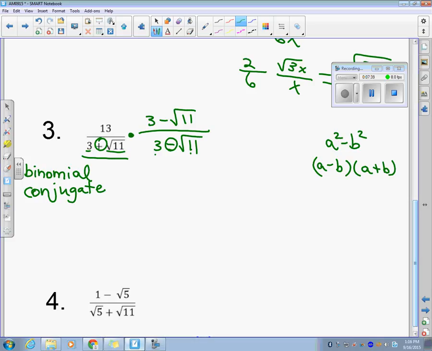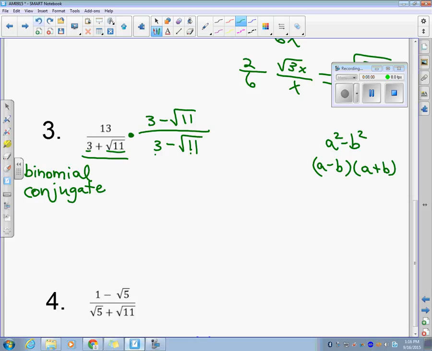So the conjugate of 3 plus the square root of 11 is 3 minus the square root of 11. And so when you have a binomial, the conjugate helps you to pick the magic 1.